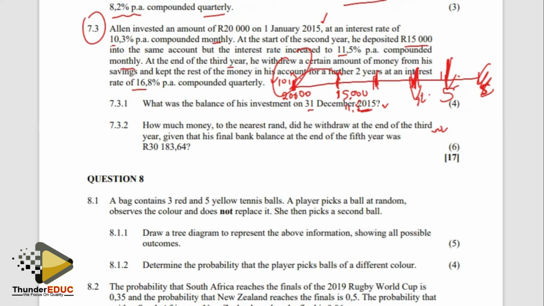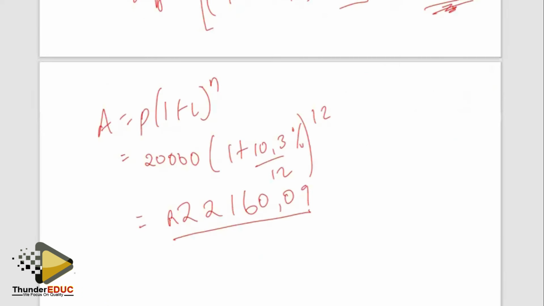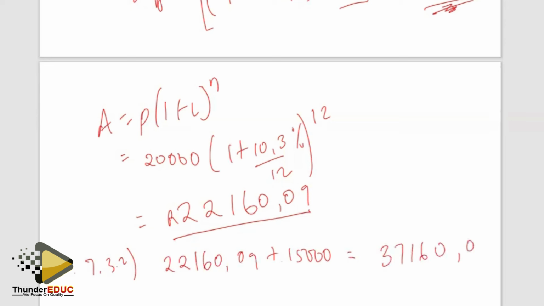There was a deposit of 15,000, which means I need to add the 15,000 in this case. So 22,160.09 plus the 15,000 gives me something like 37,160.09.